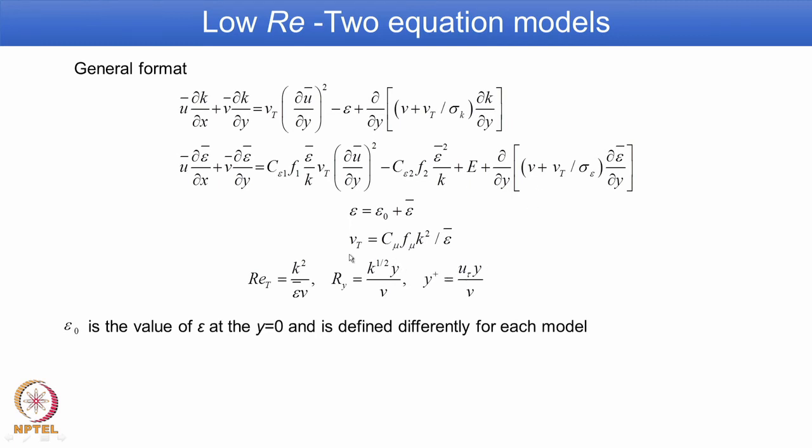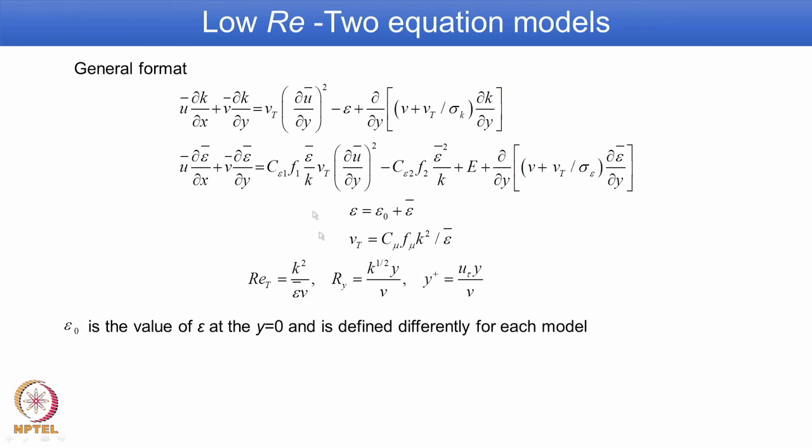The difference you will notice is particularly nu t, which in the standard turbulence model is C mu k squared over epsilon, and we introduce a damping function called f mu. f mu is a function which damps the turbulent viscosity very near the wall. In other words, laminar viscosity will start playing a dominant role.